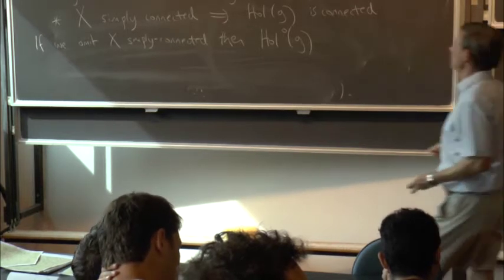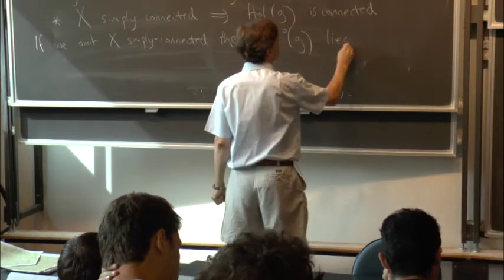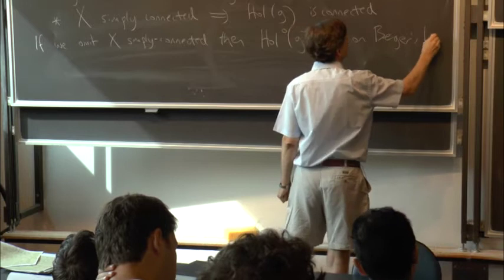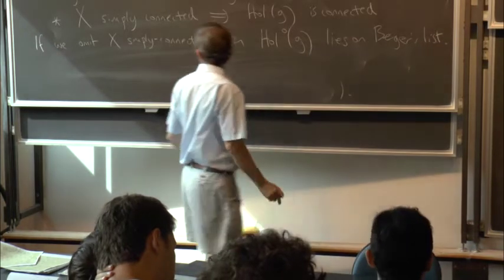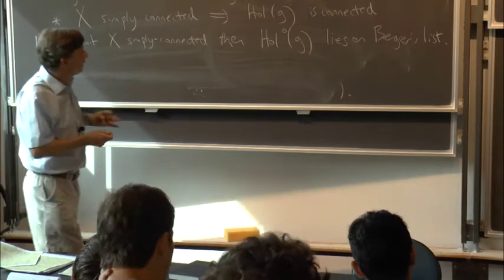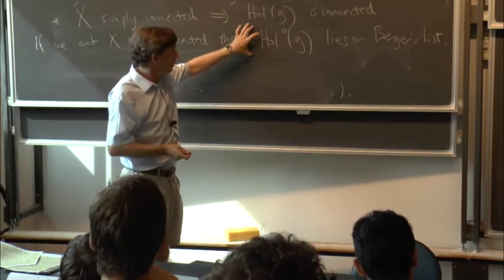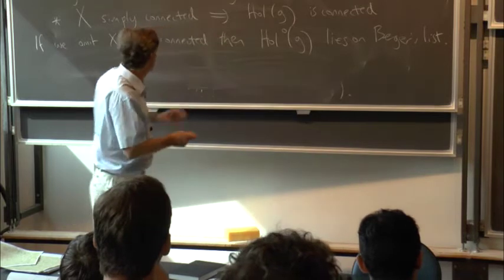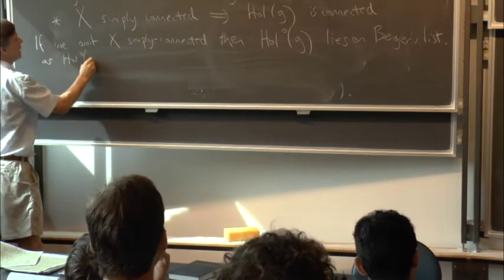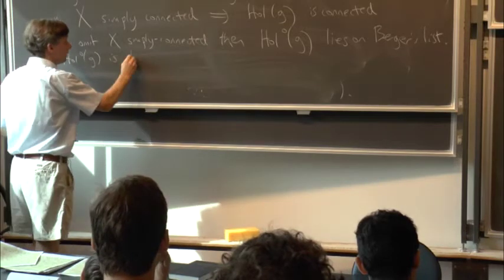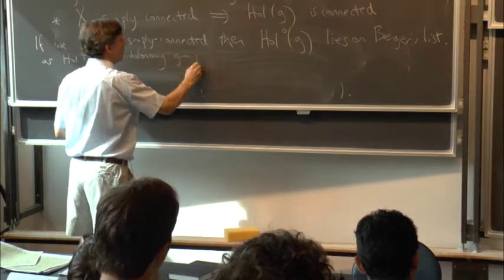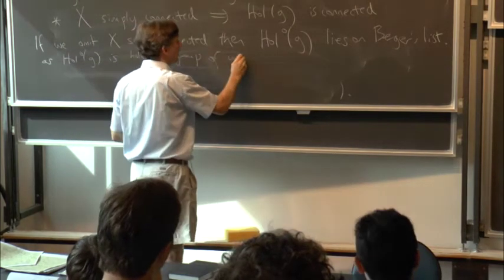Then Hol(g) lies on Berger's list too, and Hol(g) will be the extension of Hol_0(g), where Hol_0(g) is the holonomy group of the universal cover.